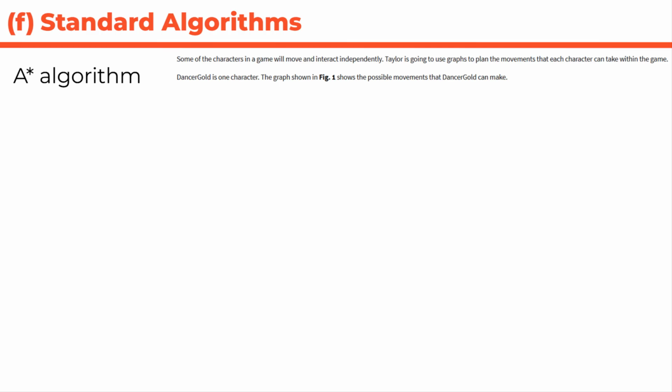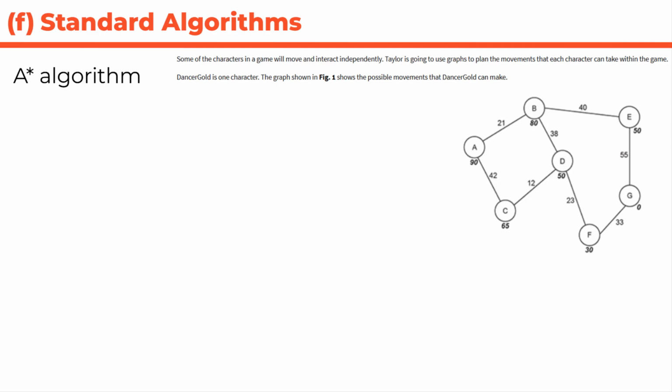Some characters in a game will move and interact independently. Taylor is going to use graphs to explain the movements that each character can take within the game. Dancer Gold is one character. The graph shown in figure 1 shows the possible movements that Dancer Gold can make.